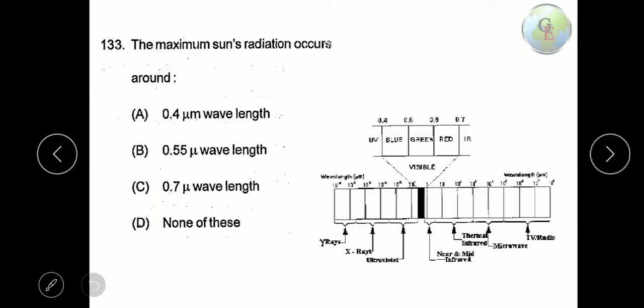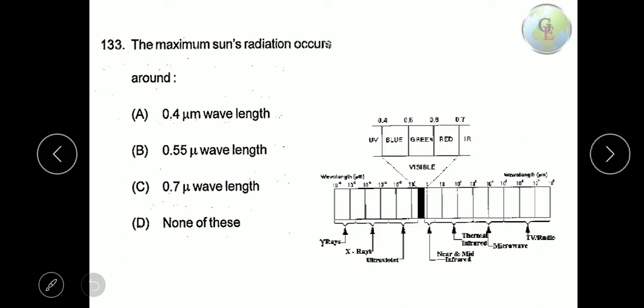Then next question. The maximum sun's radiation occurs around: option A, 0.4 micrometer wavelength; option B, 0.55 micrometer wavelength; option C, 0.7 micrometer wavelength; and none of these.